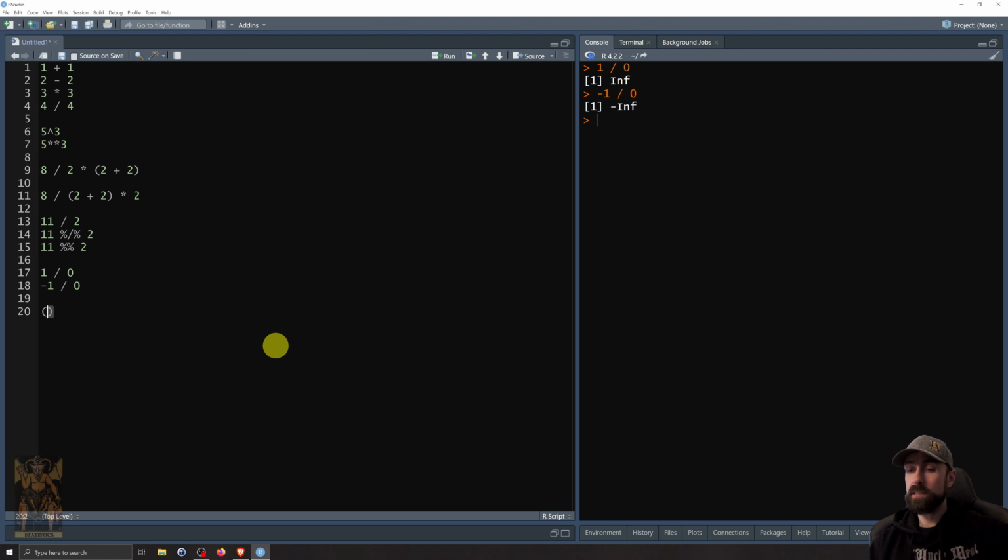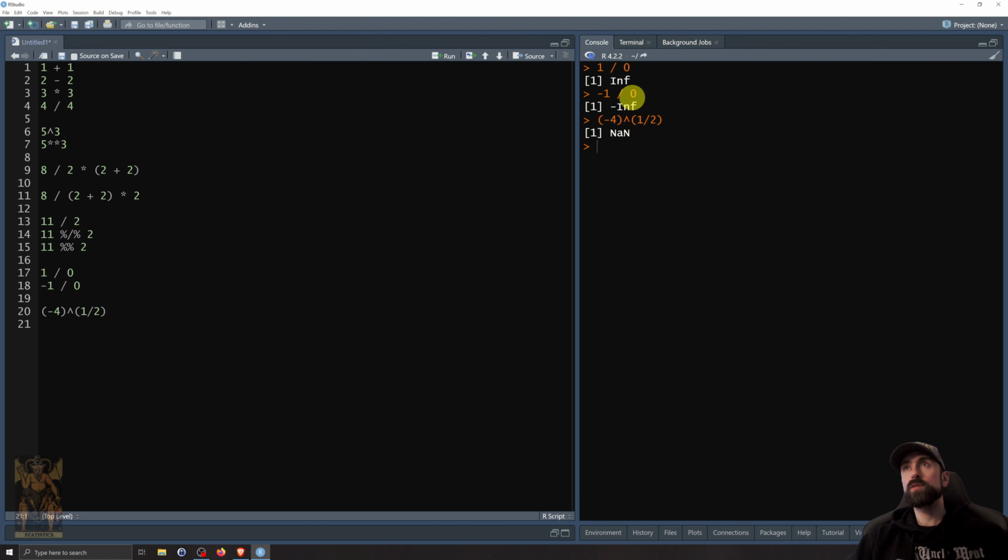So what if we type something like negative 4 to the power of 1/2? So if we run that, you can see R spits out this strange string NaN. So this stands for not a number, and it's a fairly sensible output given that the square root of a negative number doesn't exist as a real number unless you do something crazy like imagine it.